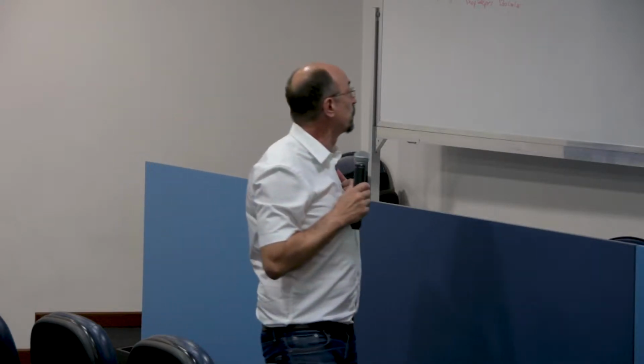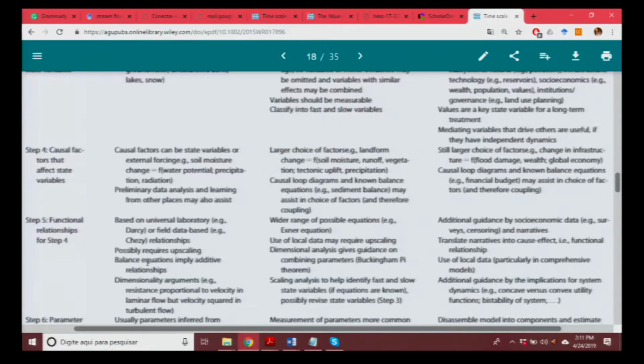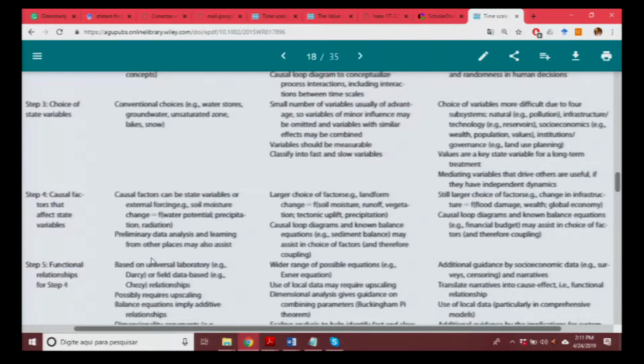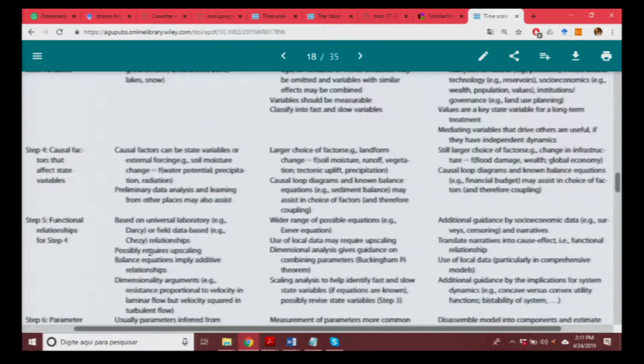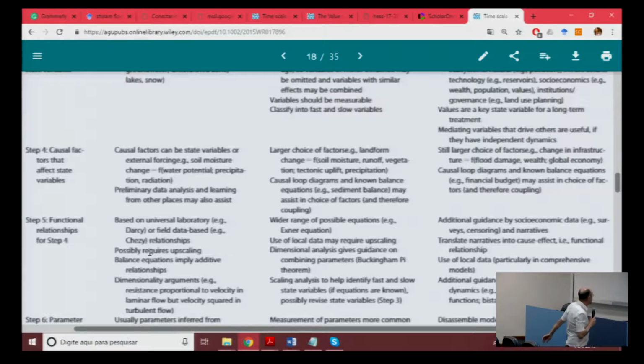And then we had, what was next? There is conceptual and the state variables, like number of people in the room, and then the 4th, the causal factors, which was the causal loop diagram, and we will do this in detail with an example. Now the new step is 5, functional relationships.